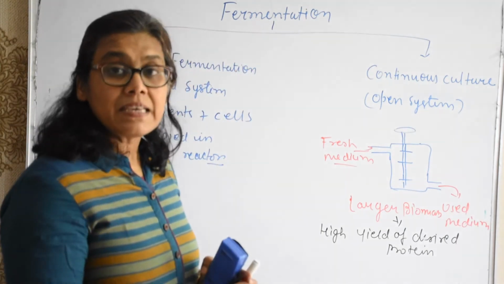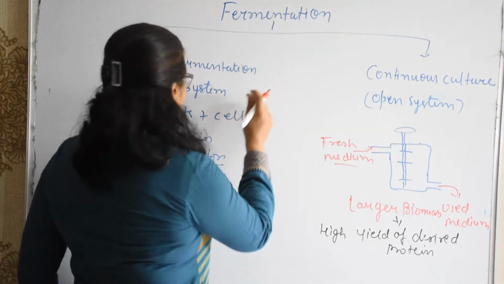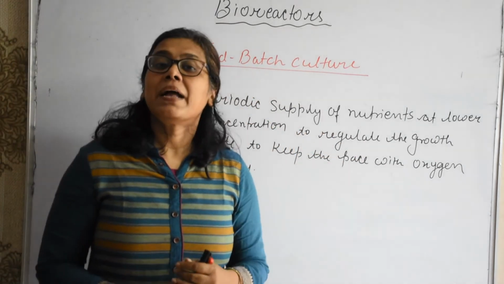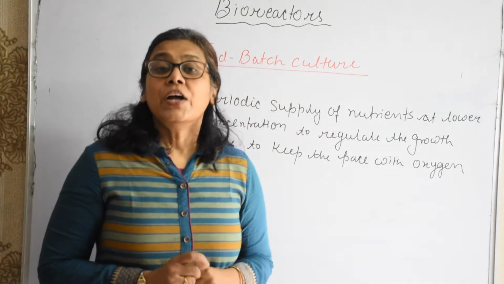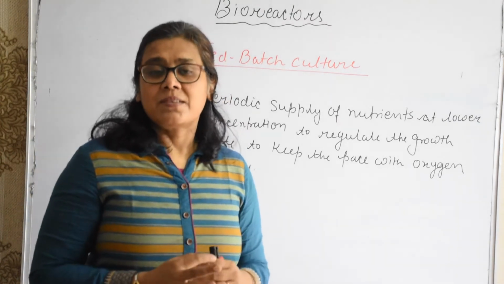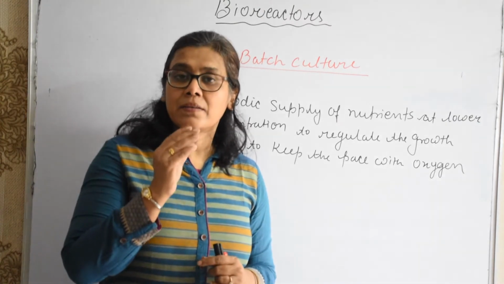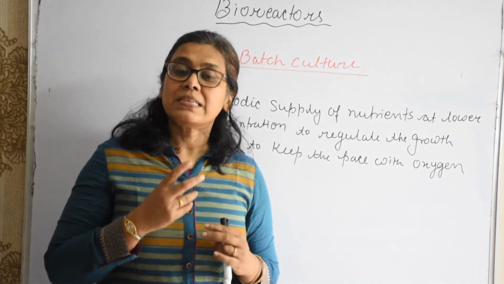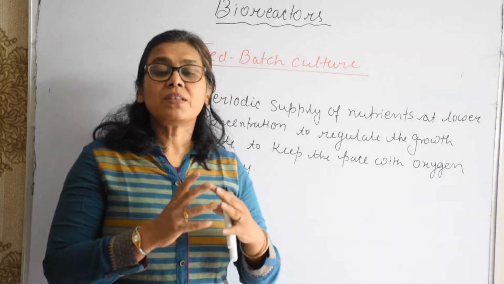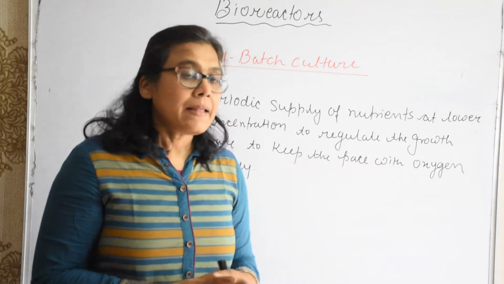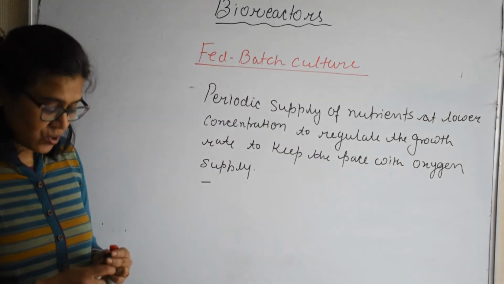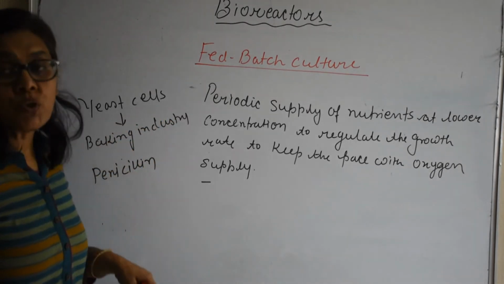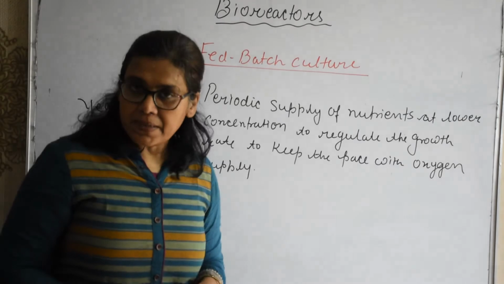So now we will see what fed batch culture is. In the fed batch method, the nutrients are supplied intermittently, and the purpose of this nutrient supply at a lower concentration is to regulate the growth of the cells to keep pace with the oxygen supply. This culture method is used in the production of yeast cells in the baking industry, and it is also used in the production of penicillin.